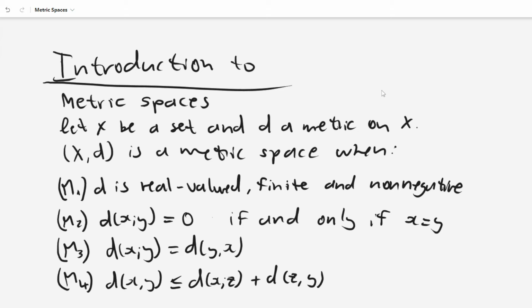The best way to visualize it is in a two-dimensional space where I'll have an x and a y, and if I take the distance from x to z, which is a third point, and the distance from z to y, then I'll end up with a longer distance than the direct or shortest path between 2 points.